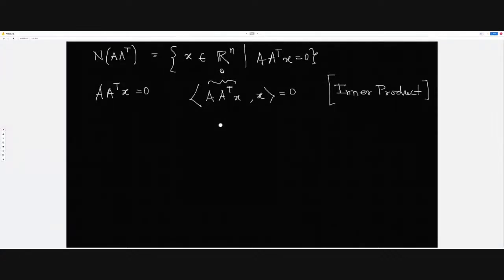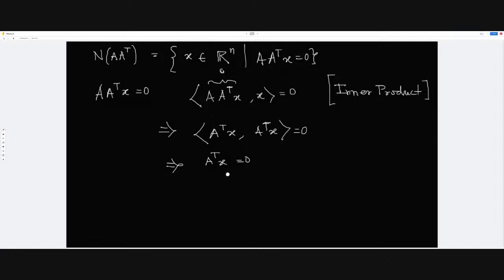It's not a big deal. This is one of the properties of inner product spaces: it implies that the norm of A transpose X is 0, so A transpose X is 0.